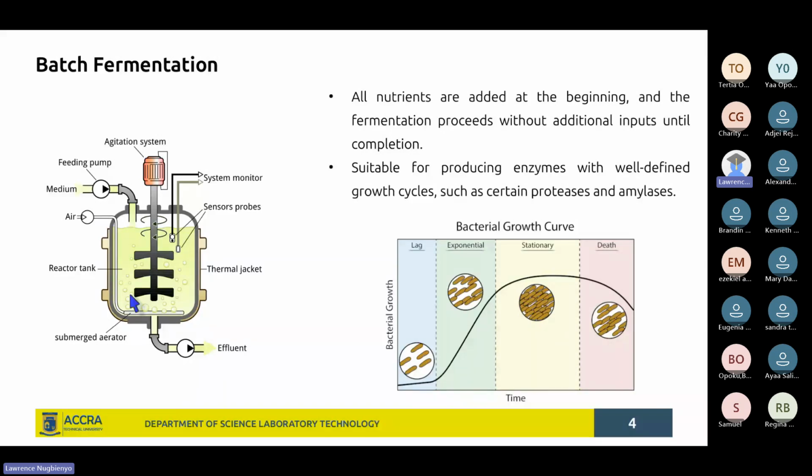You set the time, and all you have to do is just to wait for the system to go through all the cycle from lag stage, exponential stage, stationary phase, until it gets to the end of the stationary phase when you set the time, and it means at that stage you have end of production before you can now start to harvest.